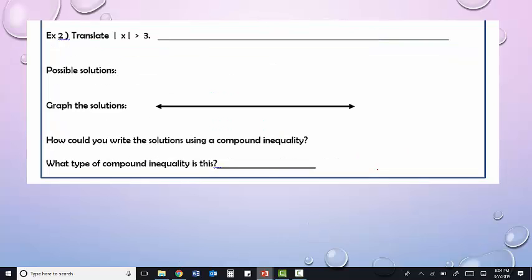So we're pretty much going to do the same thing here, but this time I'm going to turn the sign around. So the way to pronounce this is numbers further than 3, or numbers with a distance that is greater than 3. So if we think about numbers that are further than 3 spaces from 0, we would have our negatives and our positives.